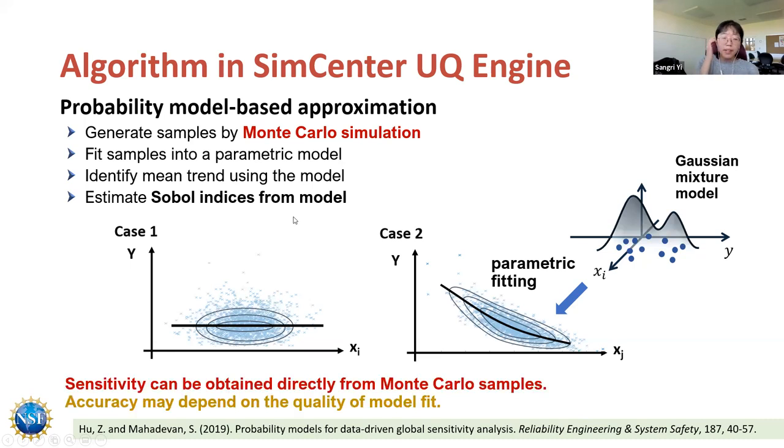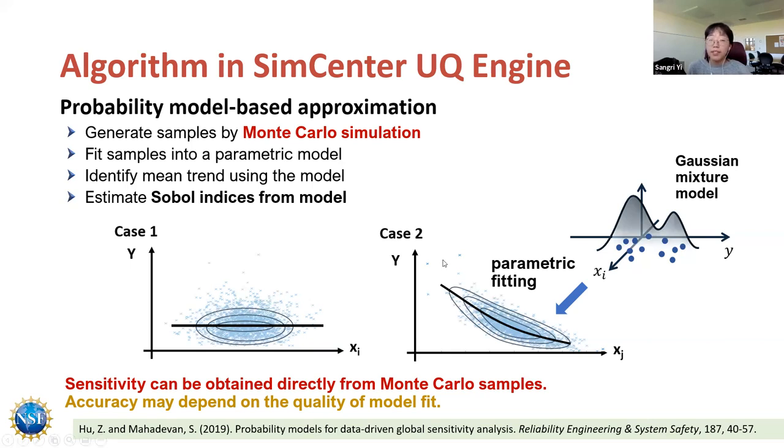One benefit of this method is that the sensitivity index can be directly obtained from Monte Carlo samples, like the blue points here. And that is good because if you are anyways going to run sensitivity analysis with Monte Carlo simulations, then you don't need to run any additional simulation, but you can get the sensitivity index as a byproduct of your Monte Carlo simulation.